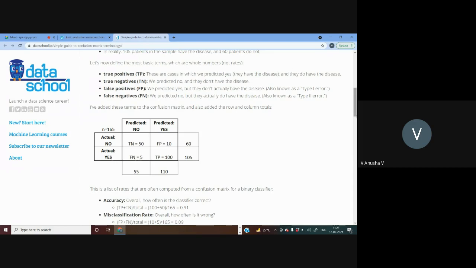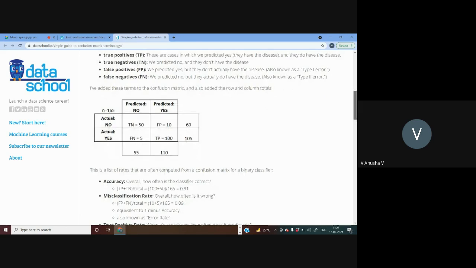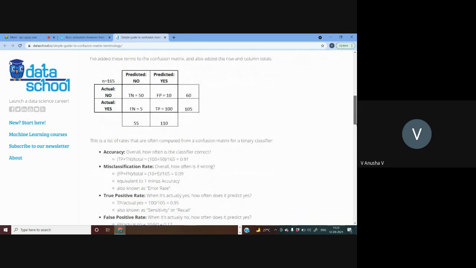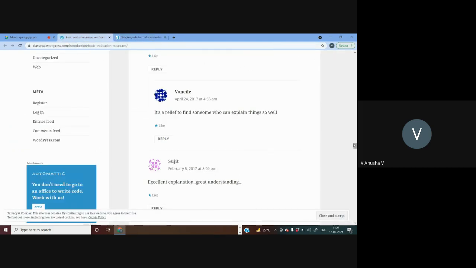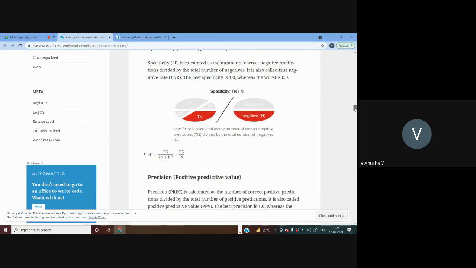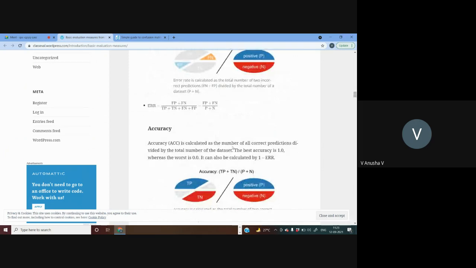Okay. So there are some traits which can be computed from the confusion matrix. One of the traits is accuracy. Accuracy is nothing but how often this particular classifier is correct. If you see this figure, accuracy will be the number of all correct predictions divided by the total number of data sets.